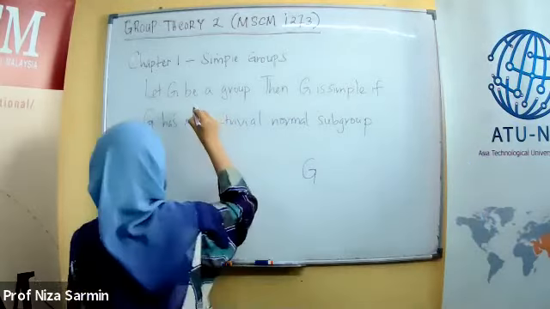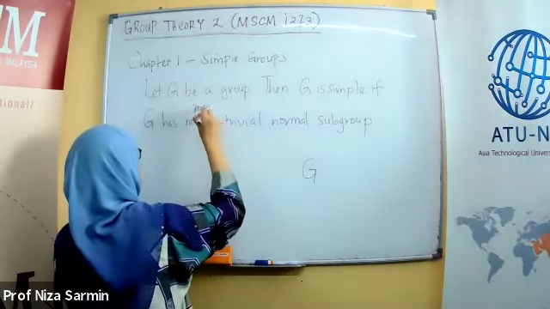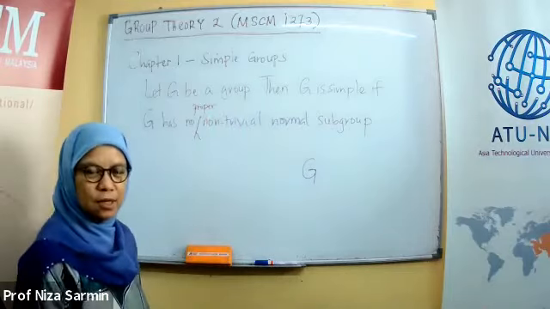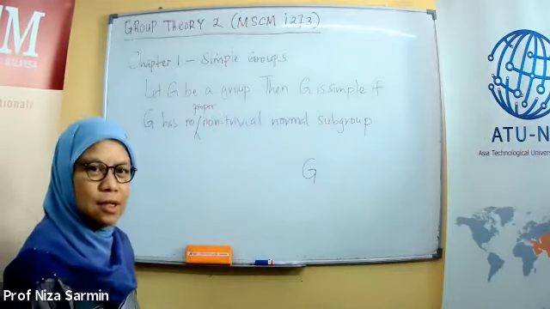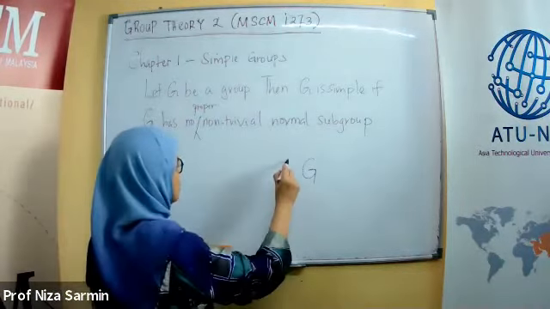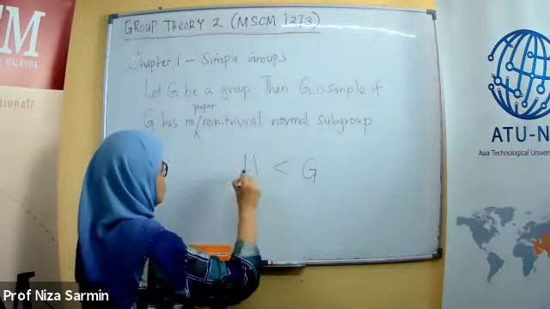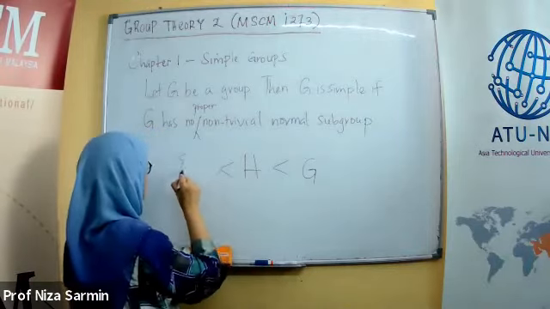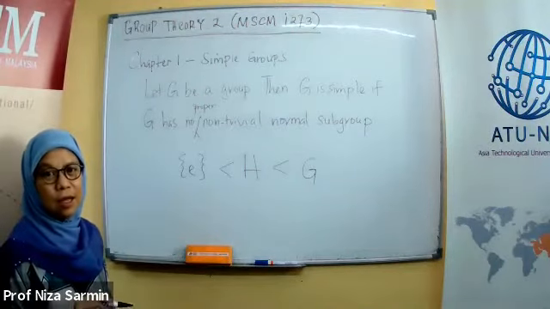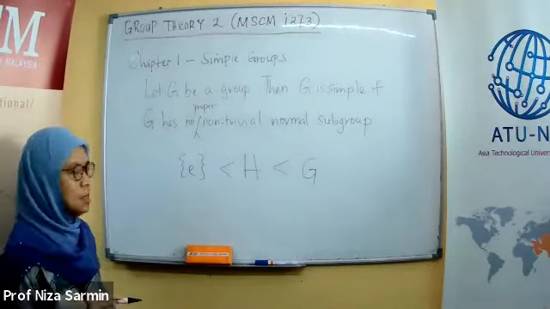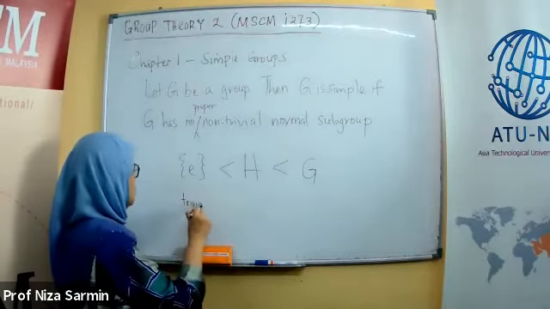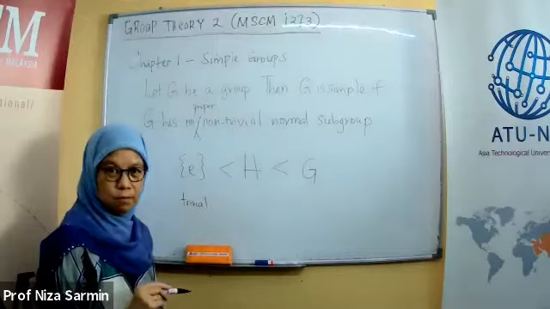This is important: proper, non-trivial, normal subgroup. So this is the group G. If you have a subgroup containing just the identity, this is called the trivial subgroup.